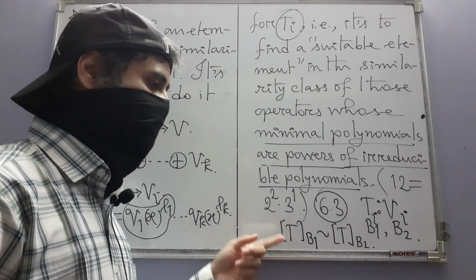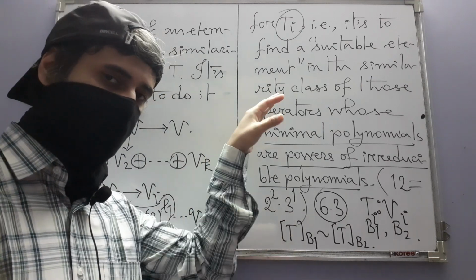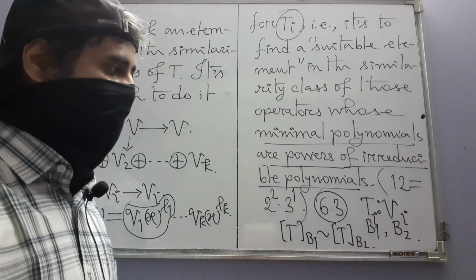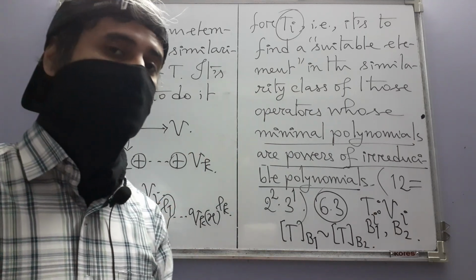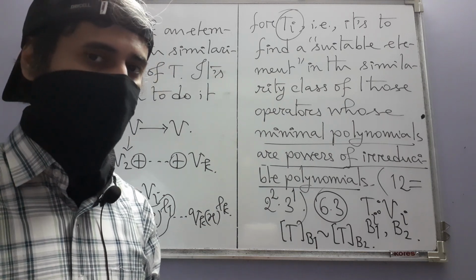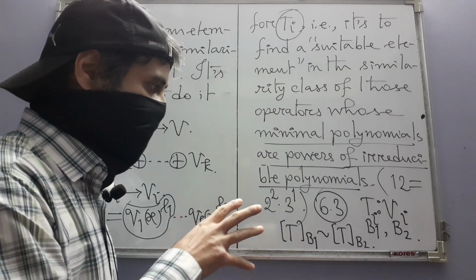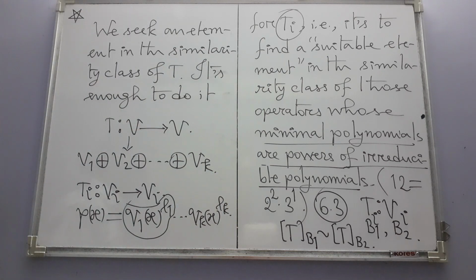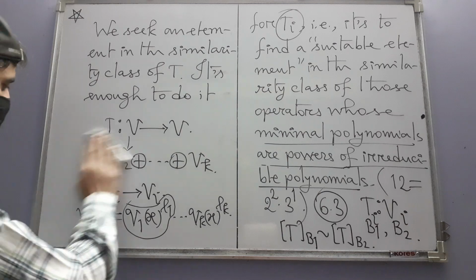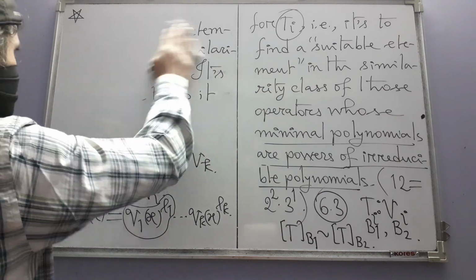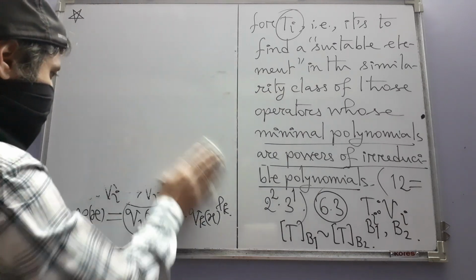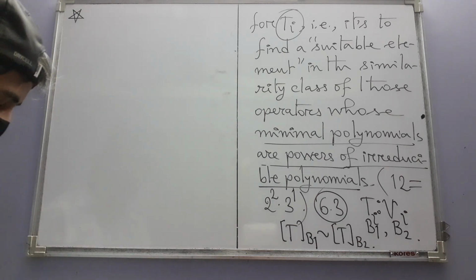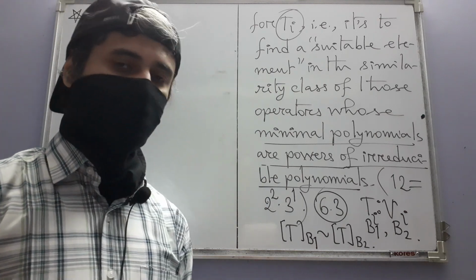In that case also, whatever we are saying we will do here can be done, but that we will discuss in the next section on rational canonical form. And to state what we are ultimately going to do in this section, we are going to need a definition. So let's see what this definition is. This definition is about a very special type of matrix.